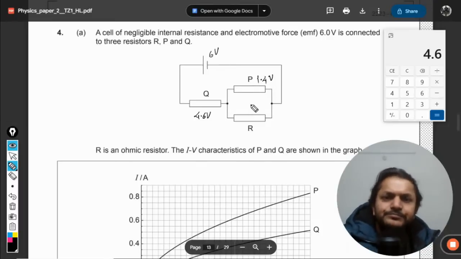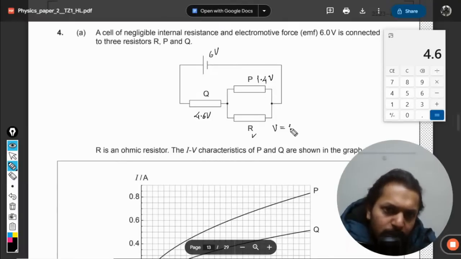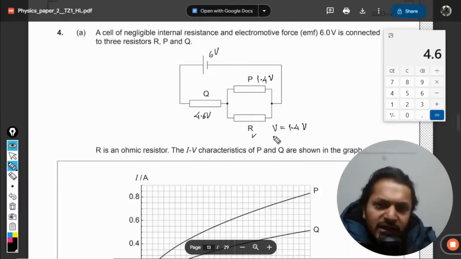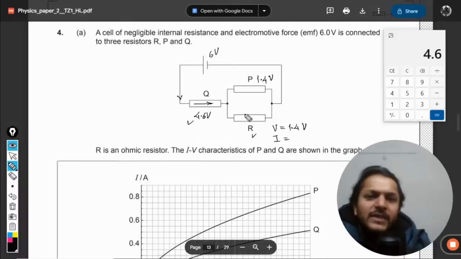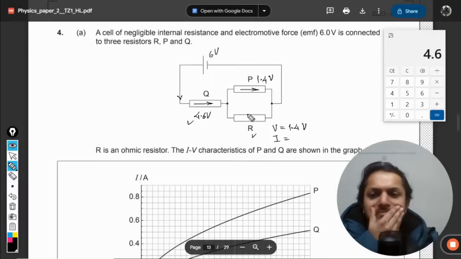So we want to find the resistance of R. So the voltage across R will be 1.4. The current we can find: the total current, passing through Q, is 0.45. And the current which was in P, what was the current?